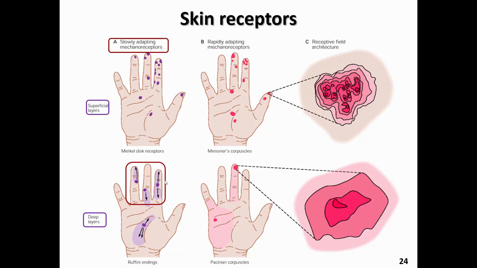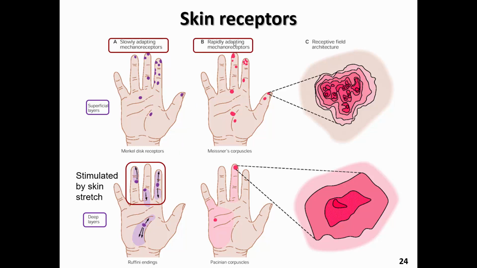The Ruffini endings and Merkel disc receptors are both slow adapting, which means they continue discharging action potentials with the application of the stimulus. But in the deep layer, we see a wider surface area of the skin captured by these receptors, and these in the deep skin are stimulated by skin stretch.